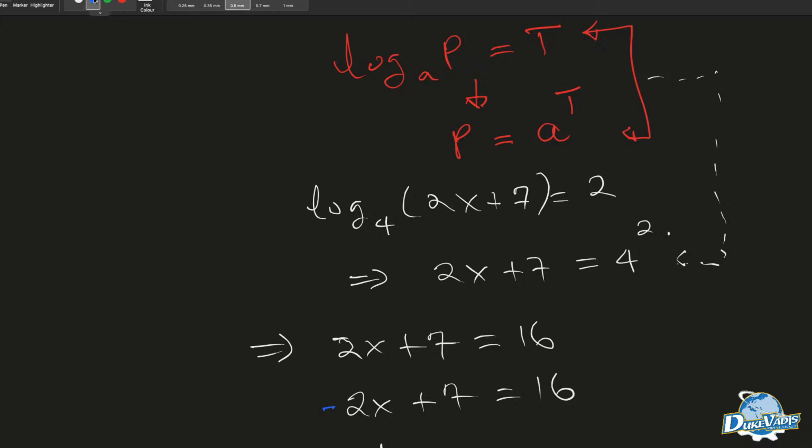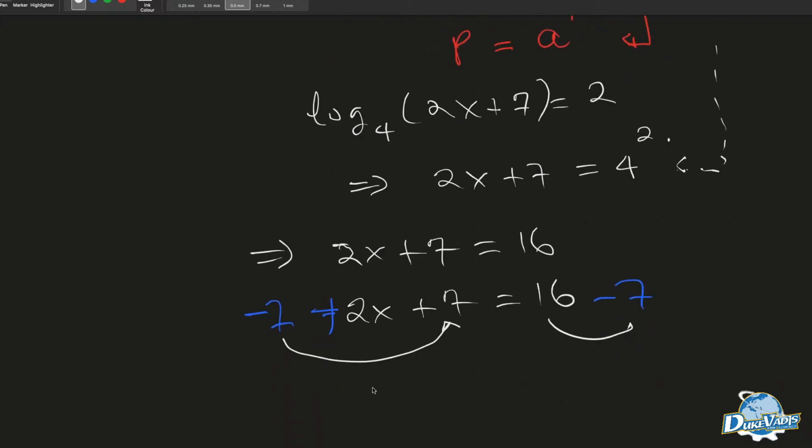So we're left with 2x, as this takes care of that, and this one takes care of that, so that our equation becomes 2x is equal to 16 minus 7, and that gives us 9.